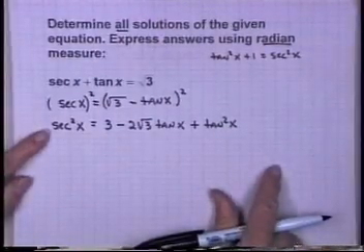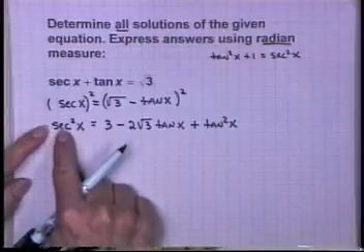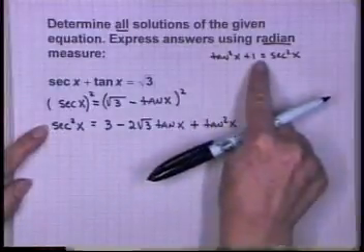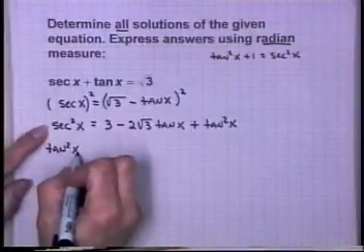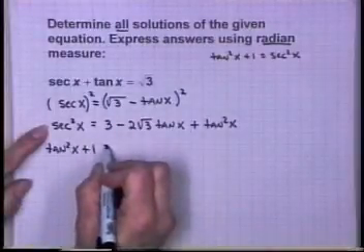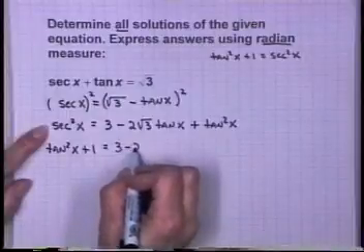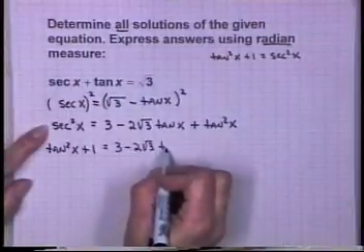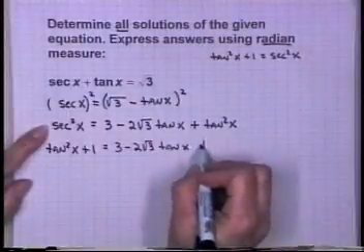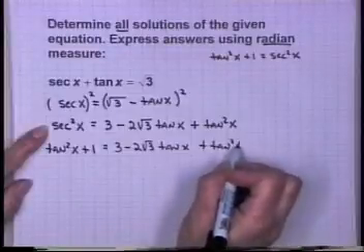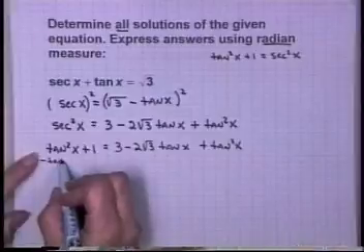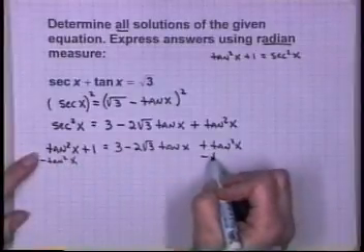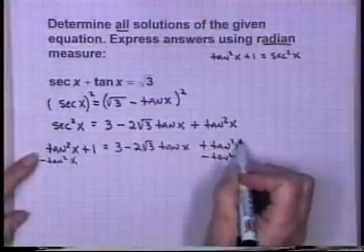Now, see, by squaring both sides, that has allowed me to get secant squared here, which I can replace with tangent squared x plus 1. So let's do that. Tangent squared x plus 1 equals 3 minus 2 square root 3 tangent x plus tangent squared x. Now notice here, if I subtract tangent squared x from both sides, those just drop out, don't they?